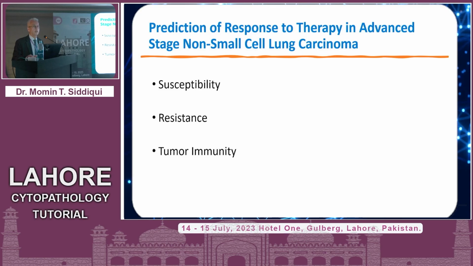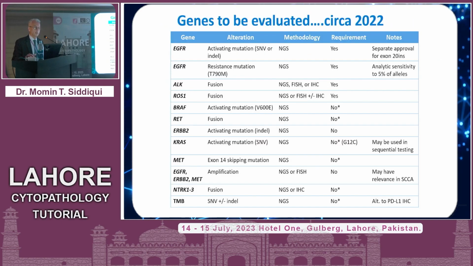So then again, after treatment is instituted for these tumors, then susceptibility to that tumor is important. And for the individuals who are working in a cancer center scenario, these really are important and again play a role as diagnosticians too. Then resistance to the therapy and then tumor immunity all come into play.